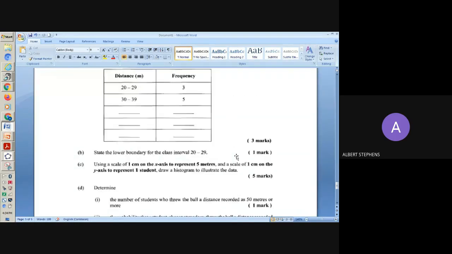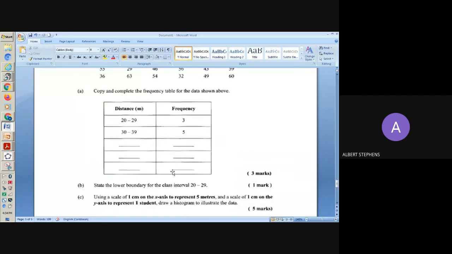Now it's asking us a question. It says, state the lower boundary for the class interval 20 to 29 for 1 mark. What is the answer? 19.5. Very good. Awesome. So that's 1 mark.